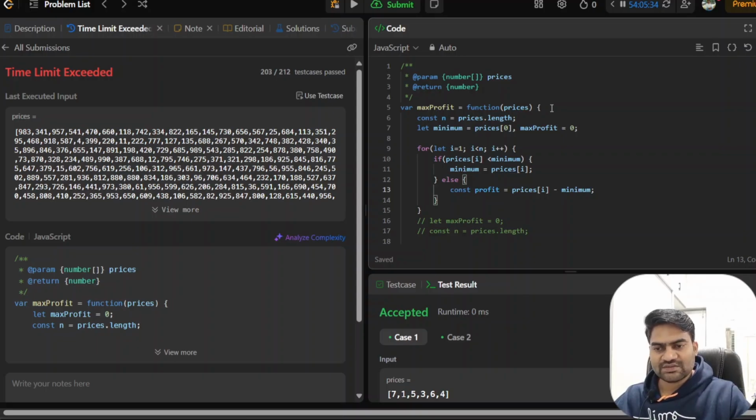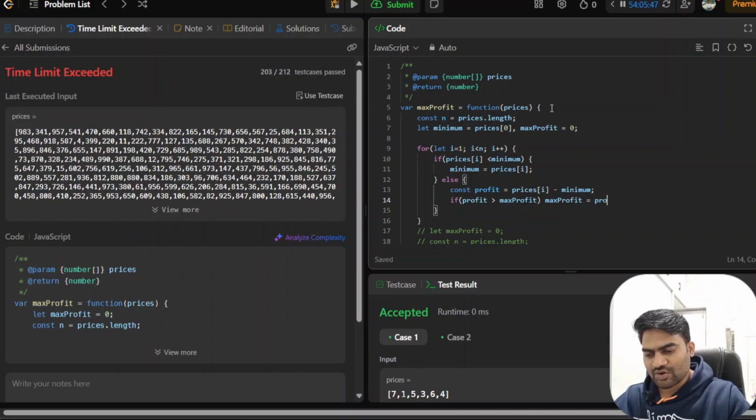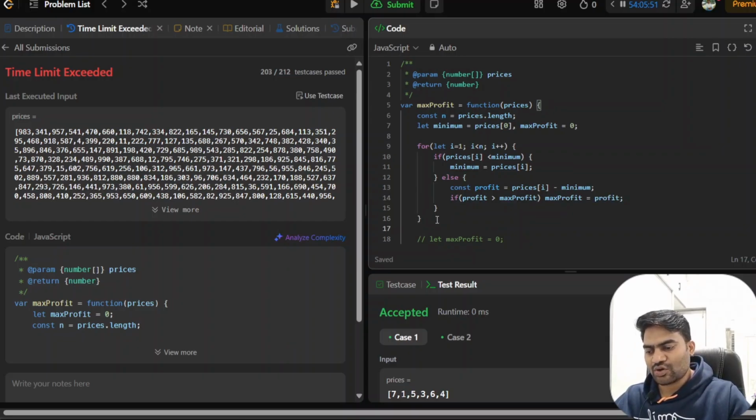Okay. This will give us profit. Next, I will check if my profit is greater than max profit. If that is the case, I will say max profit equal to profit. With this, finally, after the for loop, I will return my max profit.